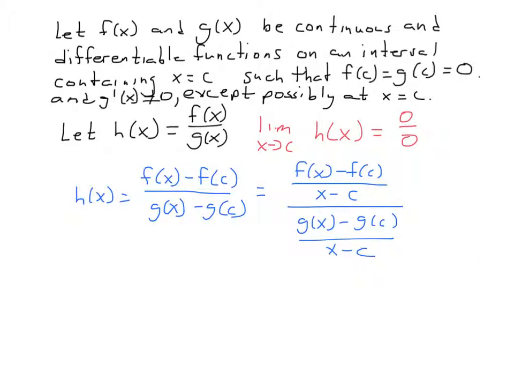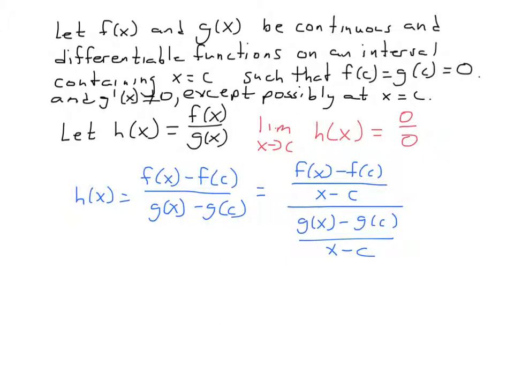What you should recognize is that that is still an equivalent function for h of x, because I have just multiplied the numerator and the denominator by 1 over x minus c.